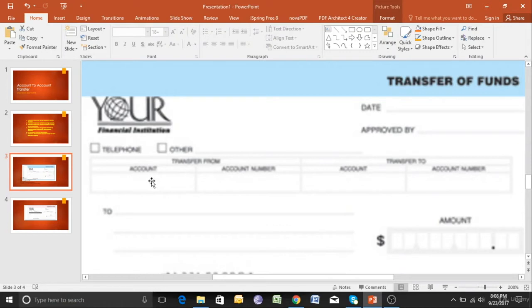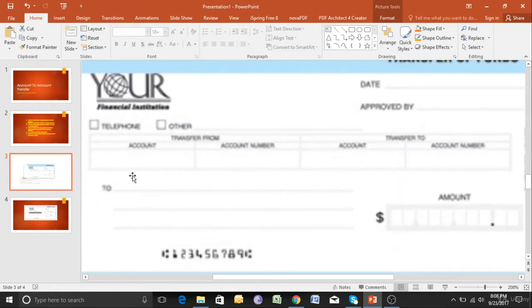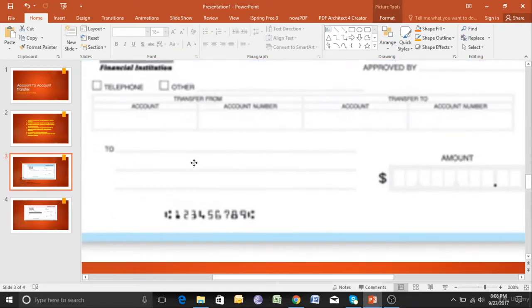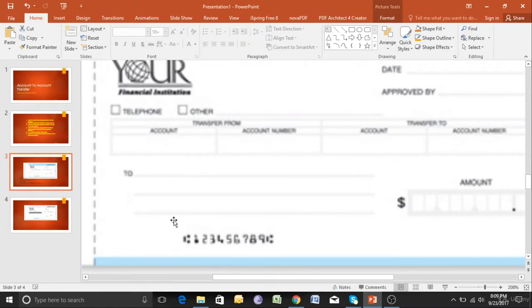Here will be the account name of the customer whose account is to be debited and his account number, and then the name of the beneficiary account holder to whom the funds are to be credited, and the account number of the crediting party. Here there can be a description of the transaction, why this transfer is being made. And in most of the banks there will be another column here for signatures, which is very important.